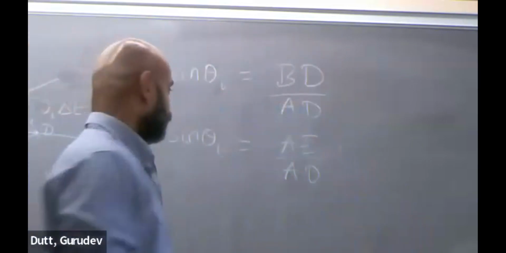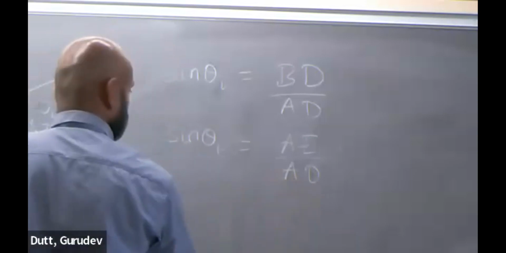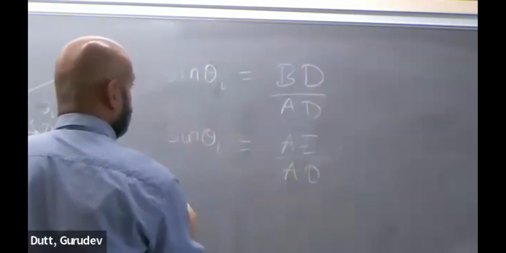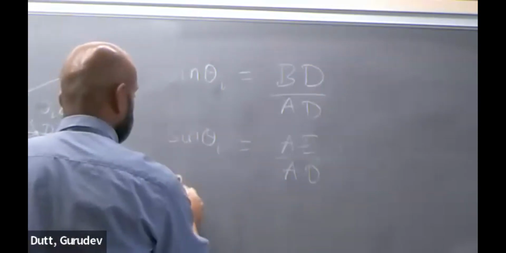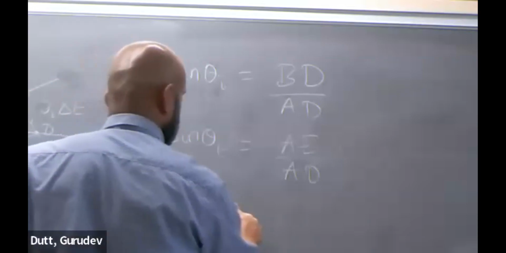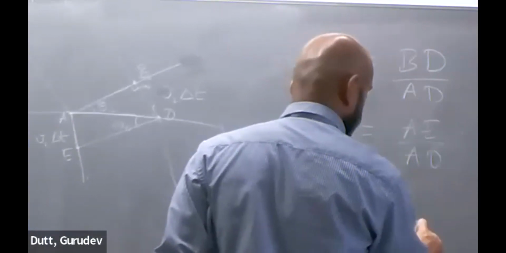Therefore, I can get rid of AD by bringing it over to this side, and say that BD divided by sine theta I is equal to AE divided by sine theta T.